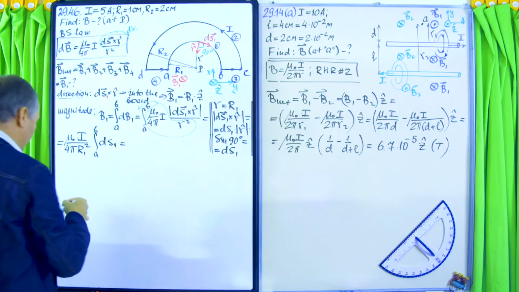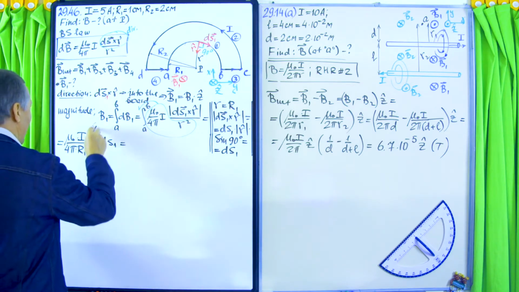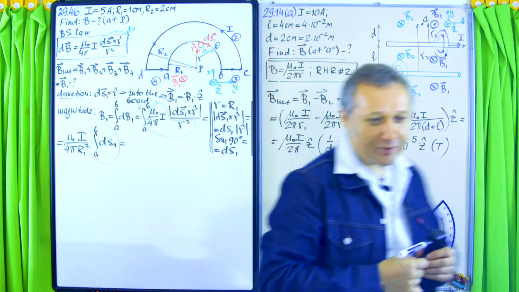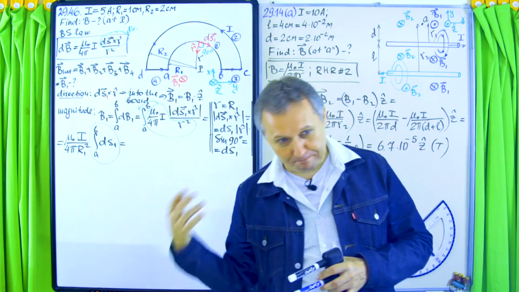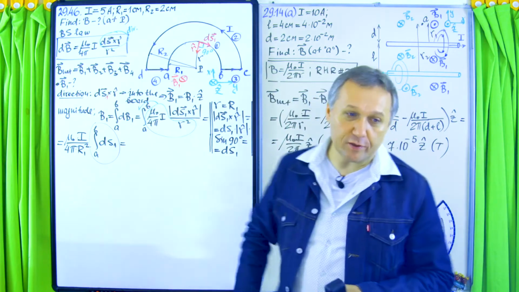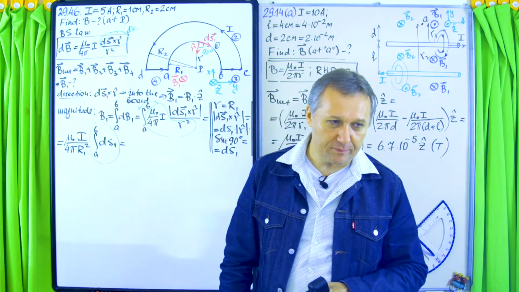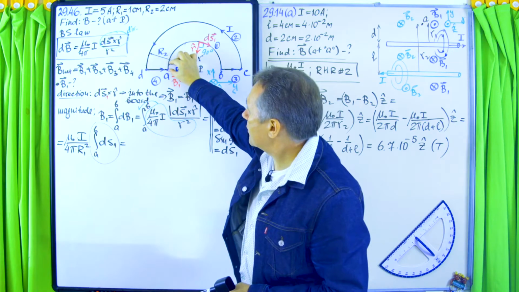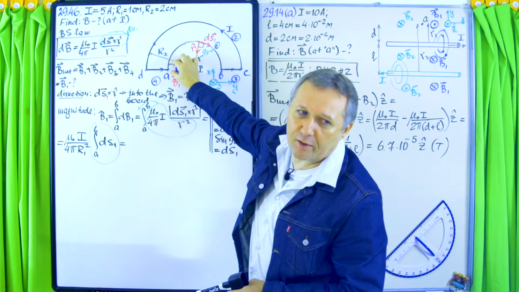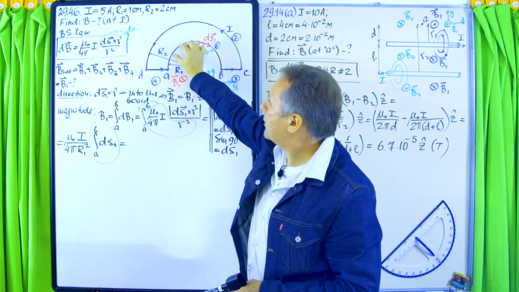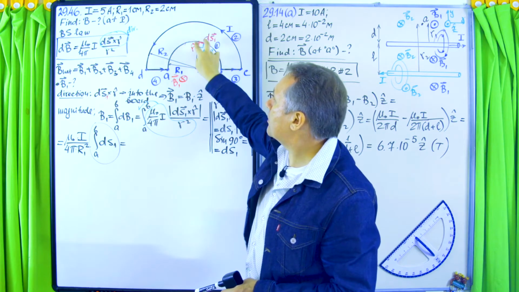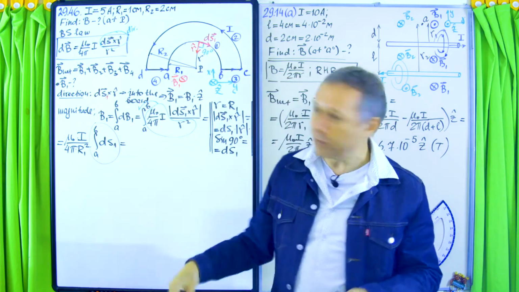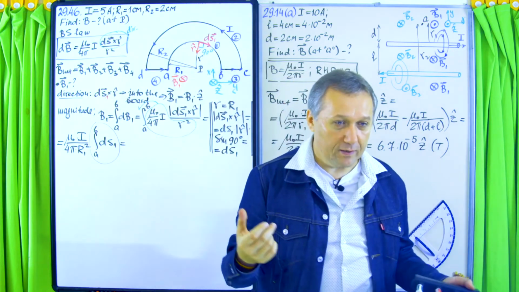ds1. Okay, so now at this point you should be able to tell me what's the value of this integral. We already used this integral. Again, what's the meaning of integration? It's adding small contributions, small pieces of ds. So if you start adding ds1 small over here, I don't know, 1 micrometers, plus small ds, plus small ds, and you keep adding these small ds's until you get to point B. If you add small ds's from point A to point B, of course, what you're going to get?